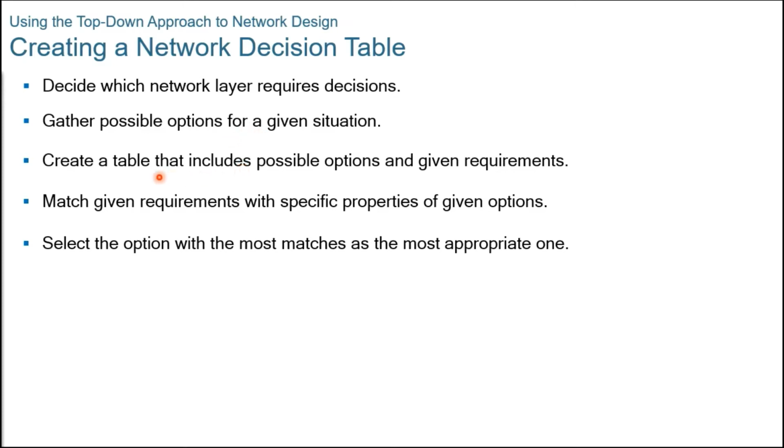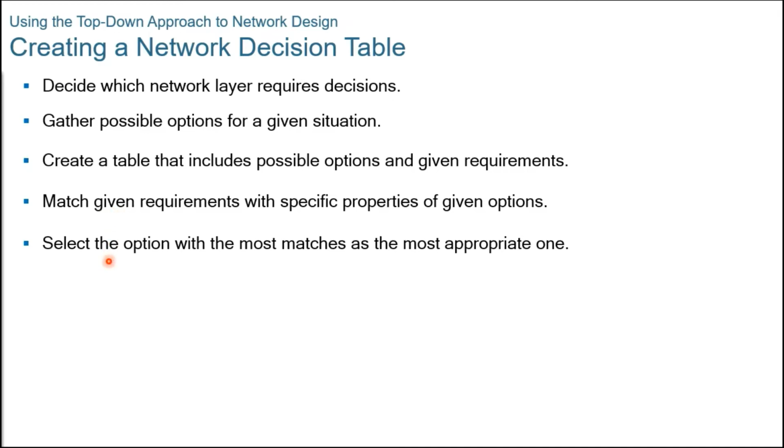Next would be create a table that includes the possible options and the given requirements. Include the relevant parameters or properties. Next would be match the given requirements with the specific properties of the given options.